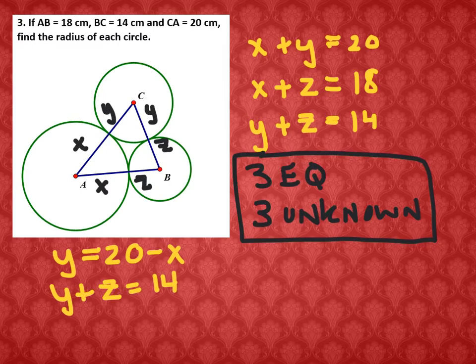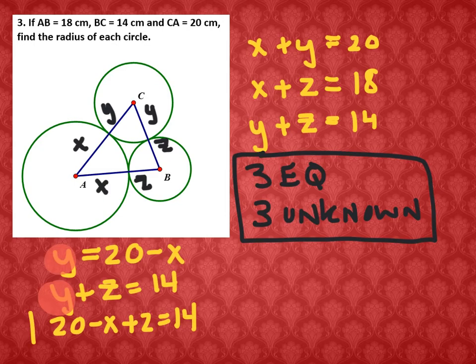So let's do a little substitution. If you plug this y in there, you'd get 20 minus x plus z equals 14.